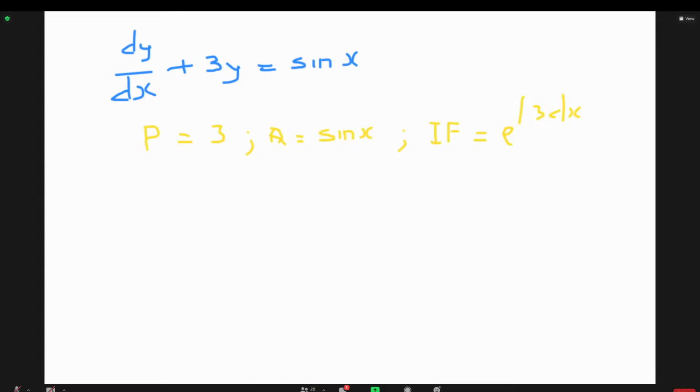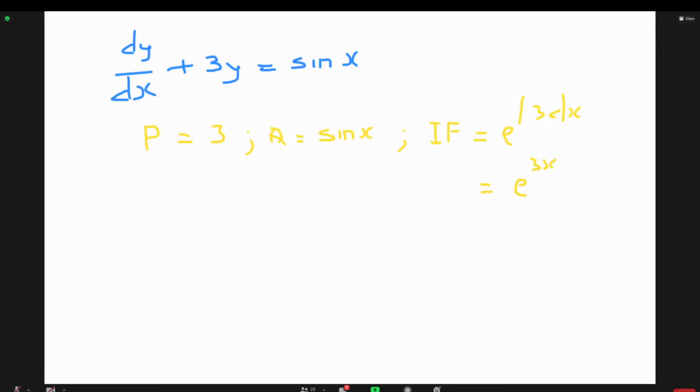And Q would be sine x, and our integrating factor, the integral of 3 is e to the 3x. Okay, so that's our integrating factor.